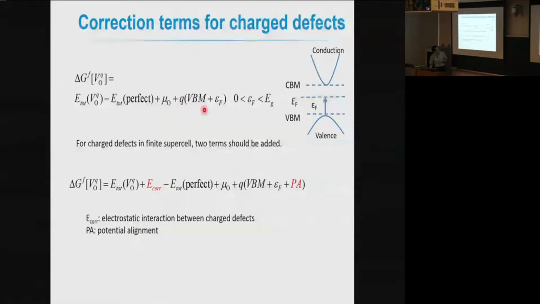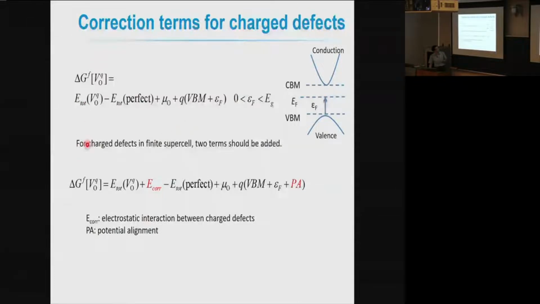Here, the Fermi level is redefined with respect to the valence band maximum. Okay, so defect level with respect to the valence band, this epsilon F or the Fermi level, ranges from 0, where 0 means valence band maximum, up to the energy gap. The Eg corresponds to the conduction band minimum. All right. So this is the definition.